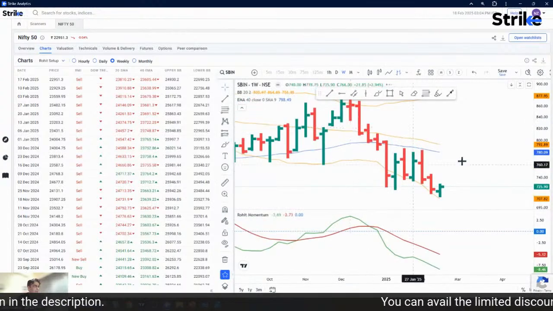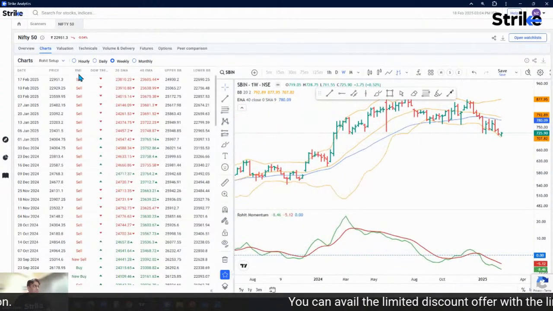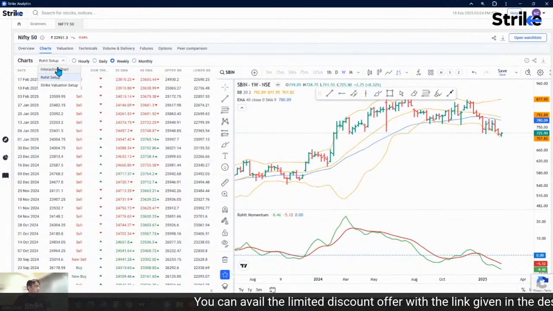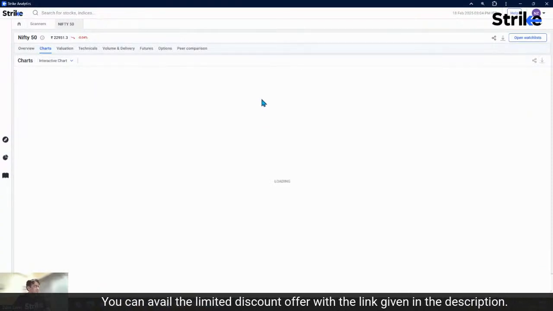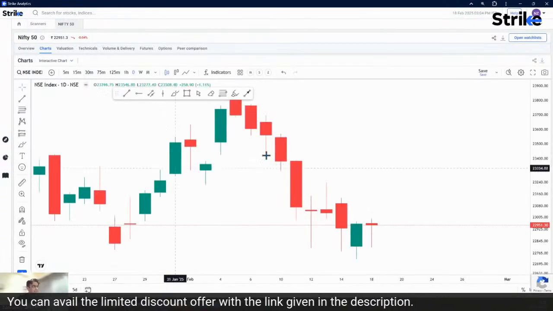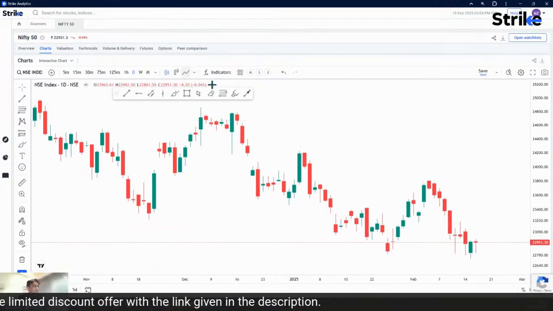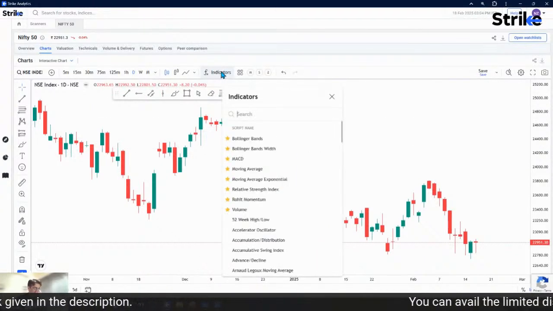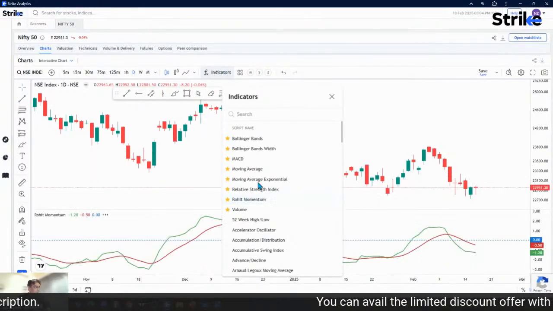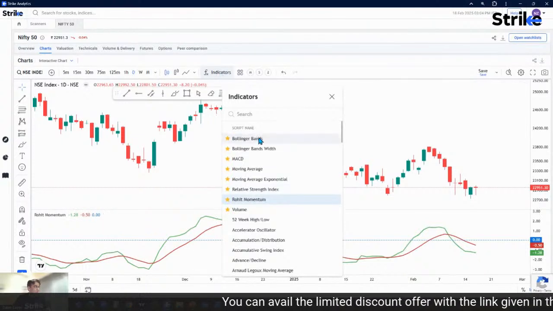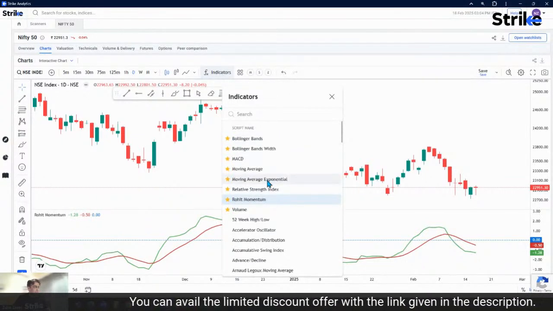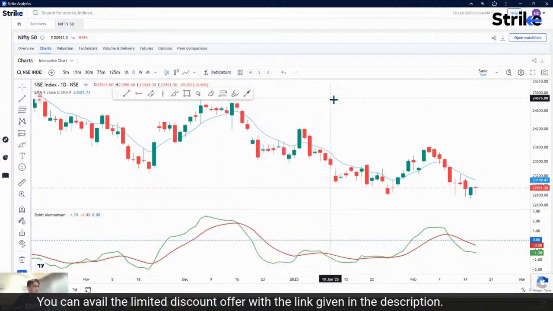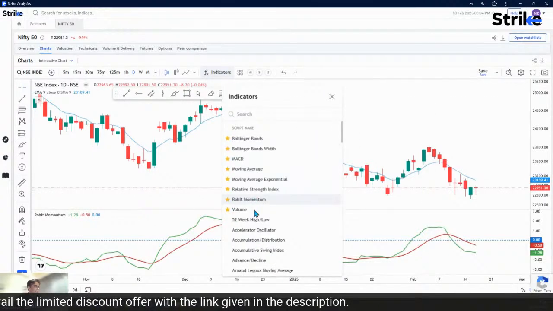All right, now this is the Rohit setup. You can go to the interactive chart. In the interactive chart you can put up your indicators. Let's suppose you place Rohit momentum, maybe a moving average, and say volume.